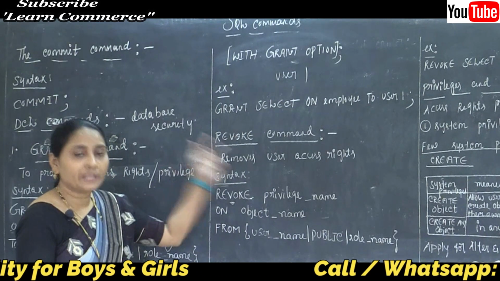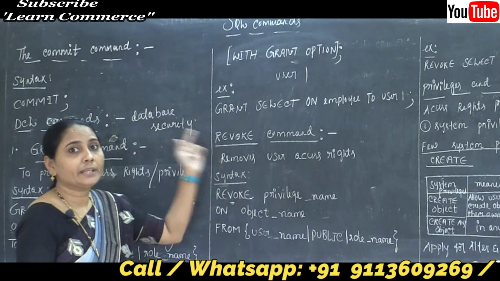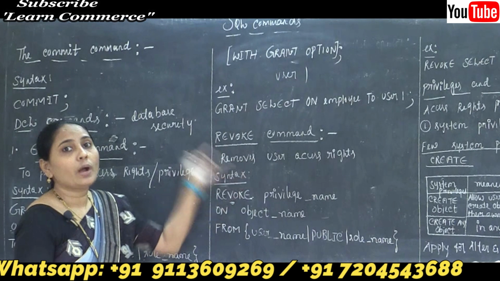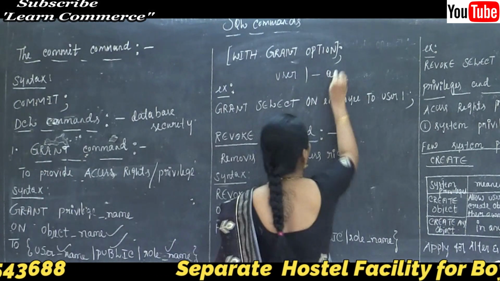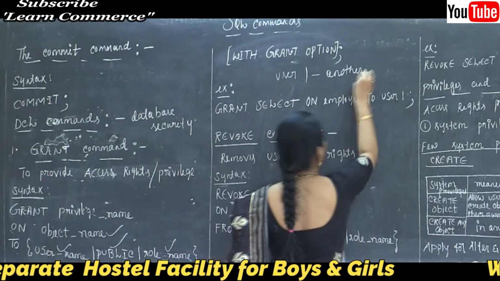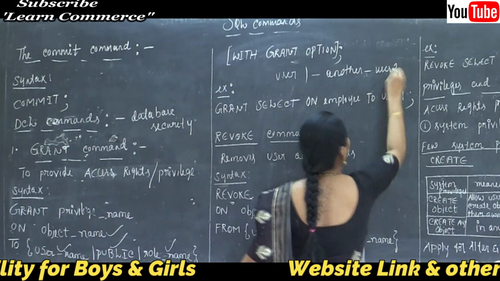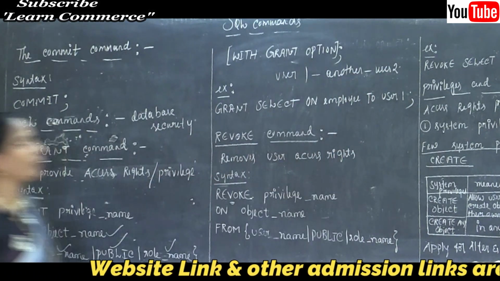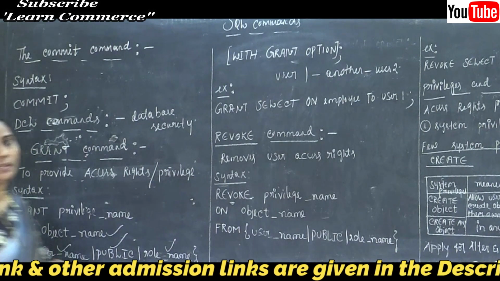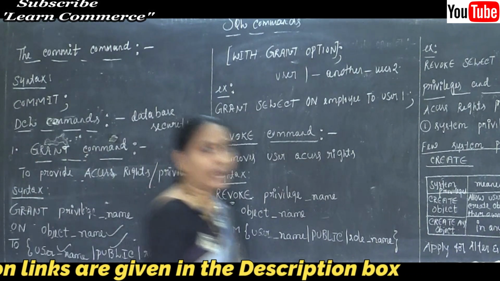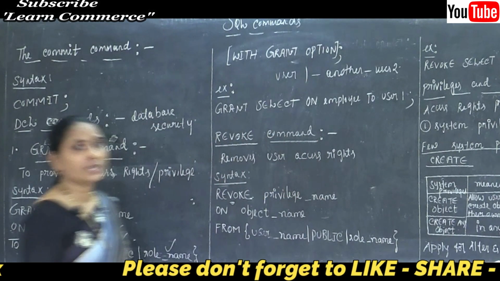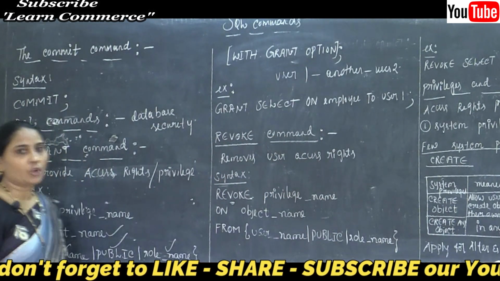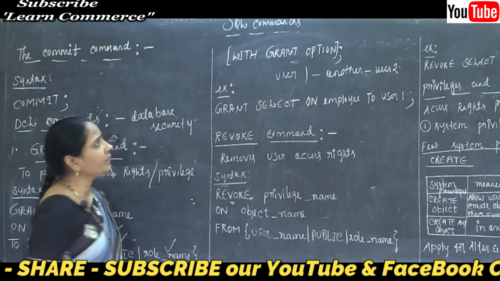Now the with grant option means it allows the user to give the access right permission to another user, that is called user 2. So this is the meaning of our with grant option. It allows the user to grant the access right permission to another user.